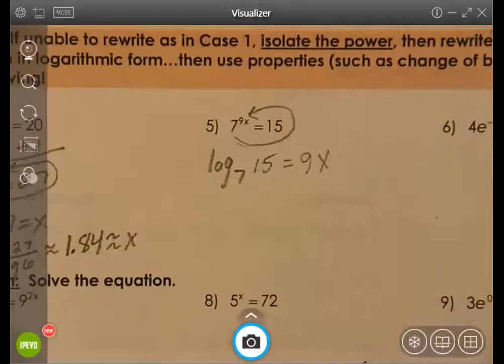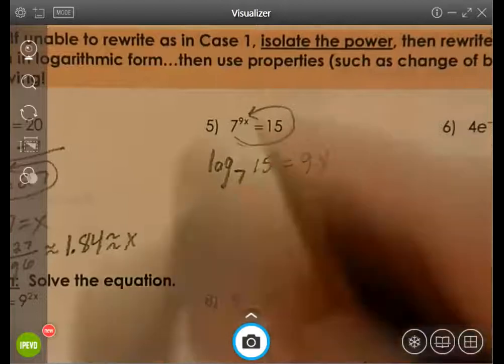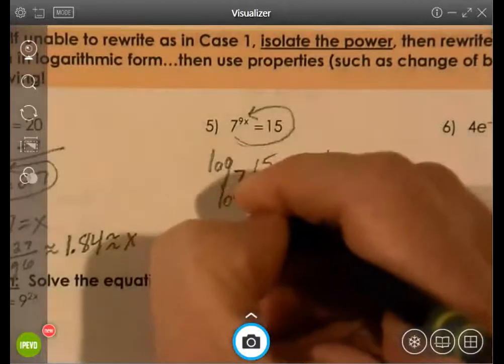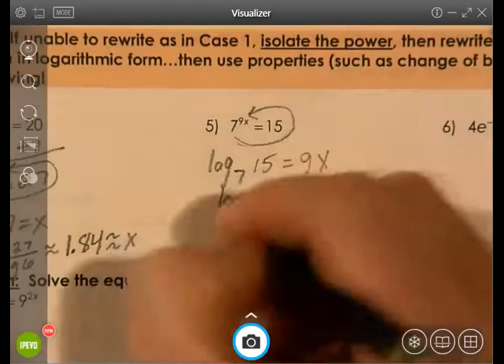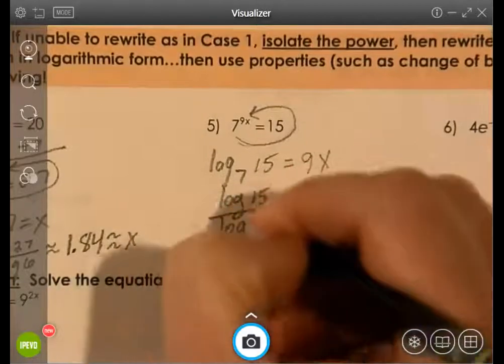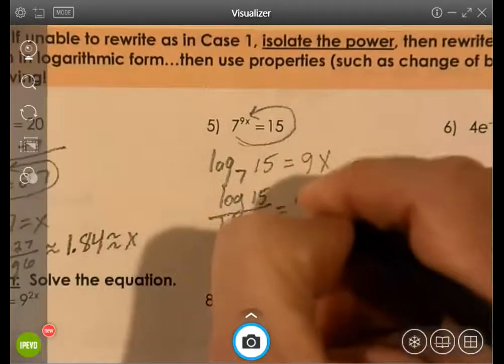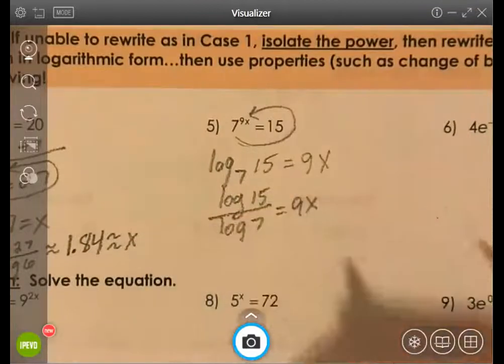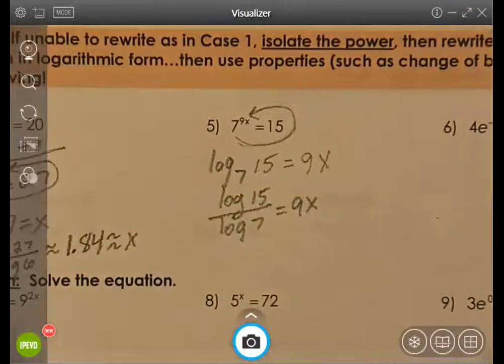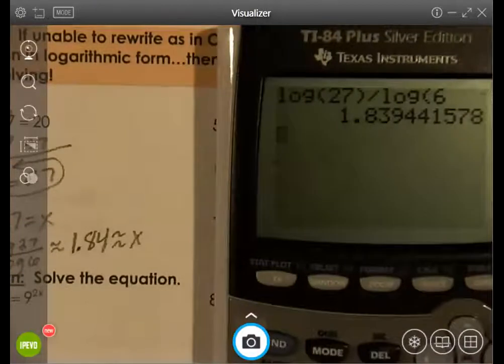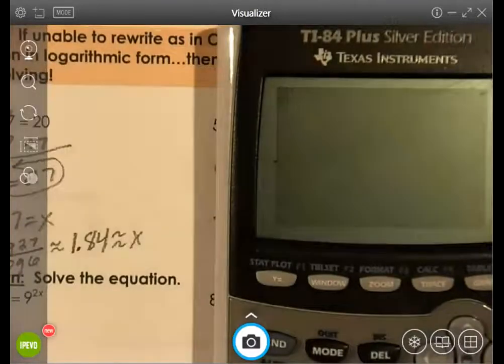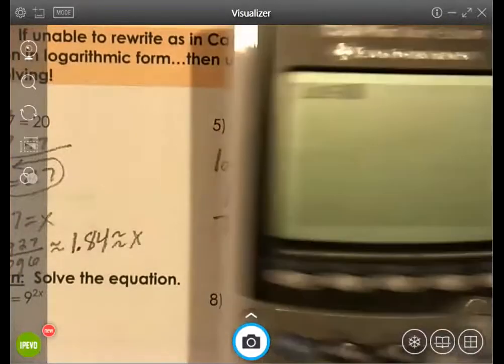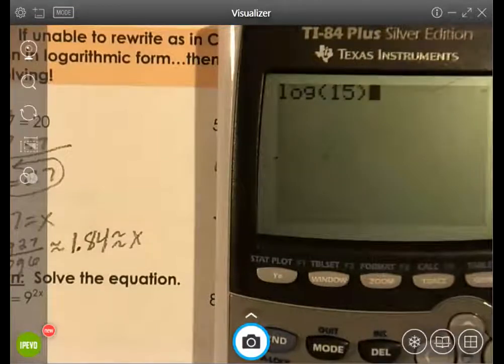And that equals 9x. That equals the exponent. A logarithm always equals the exponent. So now we do the change of base formula. So we have log of 15 divided by log of 7.